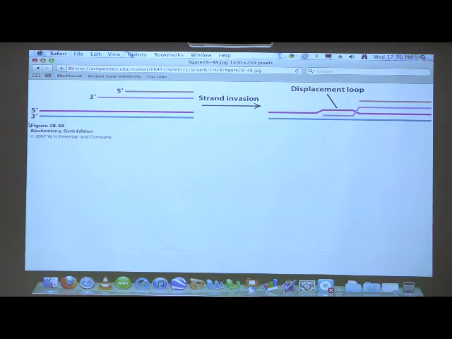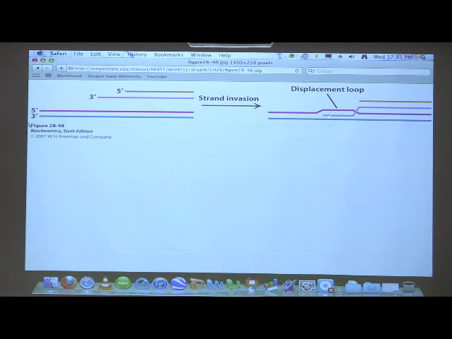This shows something of a mechanism in which we have two DNAs, this might be two chromosomes, that are lined up with each other, and they're very similar in sequence, and one strand is actually able to invade the other one. So we see this strand here invading because we've got an excess end hanging off, and no, we won't talk about how we get that end at the moment, but we get invasion.